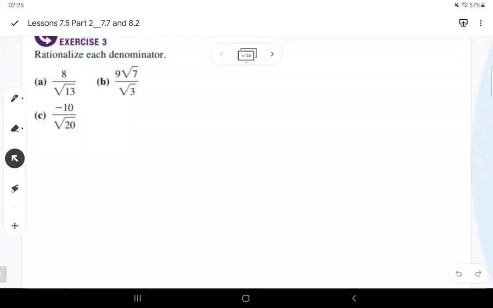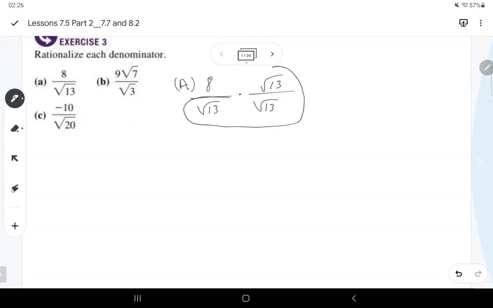Okay, so what we're going to do now is actually practice rationalizing the denominator. So for a here, we have 8 divided by the square root of 13. What we're going to do is multiply top and bottom by the square root of 13. When I was taught this, I was always taught to think of it as a shoe method or a boot method.